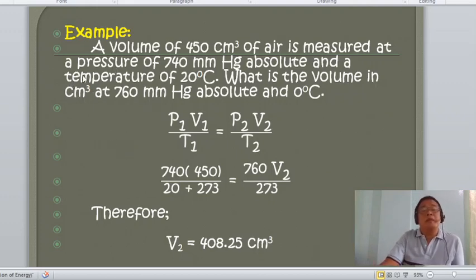So, the pressure now is 740, which is already absolute, multiplied by the initial volume of 450 cubic centimeters divided by the temperature of 20 plus 273, making it absolute, equals P2, 760 millimeters of mercury, multiplied by the final volume divided by 0 plus 273. Therefore, the final volume now is 408.25 cubic centimeters. Okay?